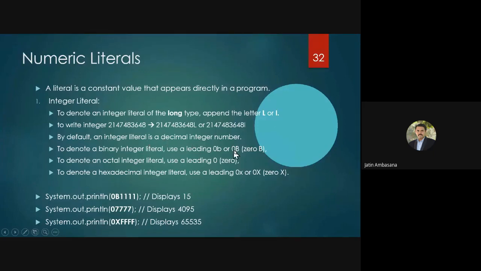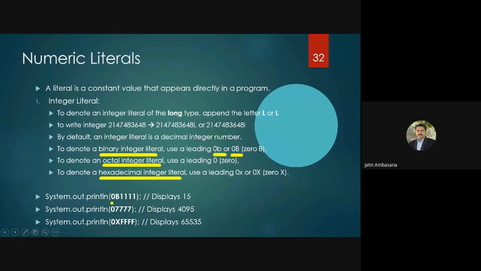And we have already seen numeric literals, right? It supports not only integer literals, but also binary integer literals, octal integer literals, and hexadecimal integer literals. To denote these, you use 0b or 0B in front of the number to denote a binary integer literal.